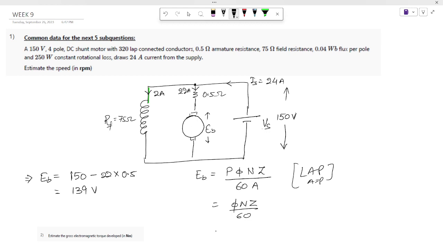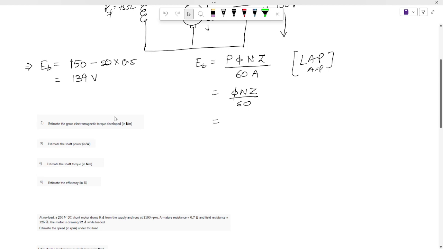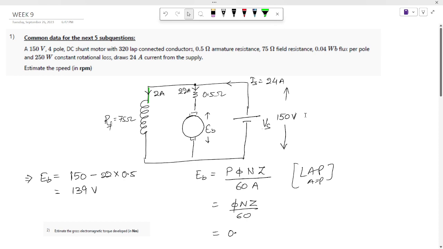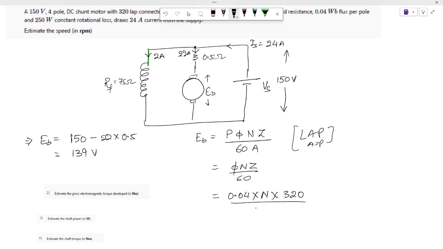Phi they have given as 0.04. N we have to find. Z is 320 lap connected conductors upon 60, that equals 139. Solve this. What is the value of N?